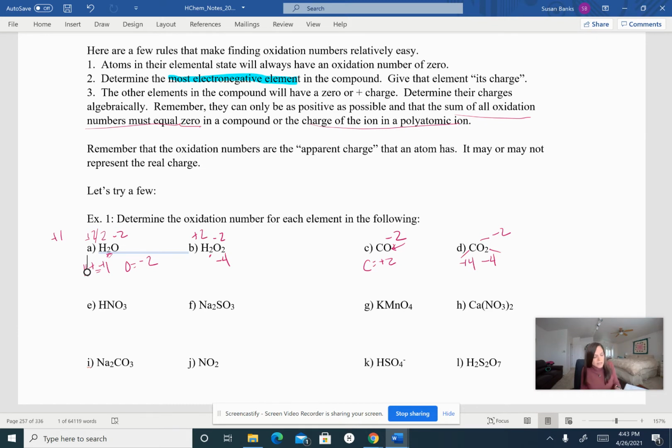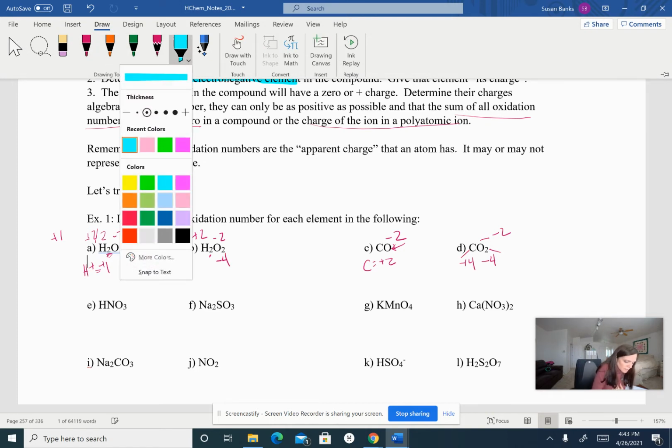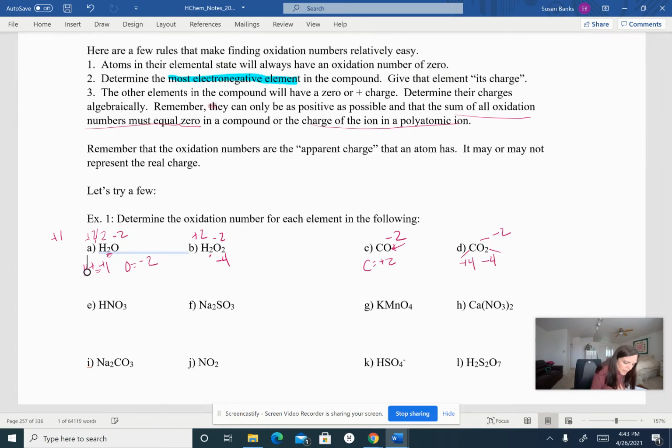Now, let's go back and think about this. We can't do +2 for hydrogen, and I'll tell you why. There's this little rule here. Elements can only be as positive as possible, i.e., they can only lose as many electrons as they have valence electrons.